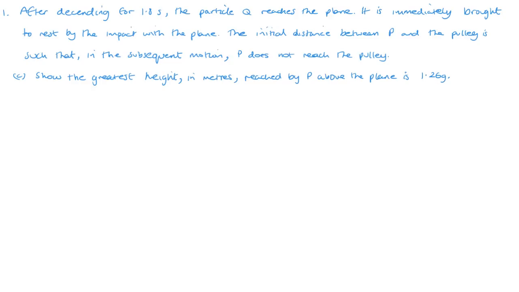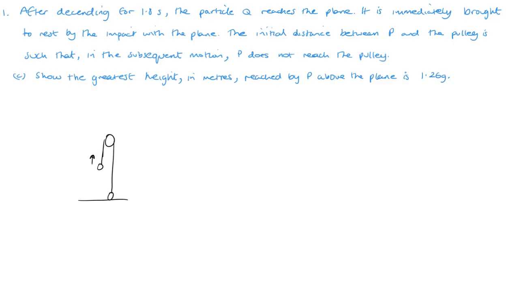So what is happening here is, this Q here has hit the bottom and stops. Now P then keeps on moving freely under gravity without hitting this pulley. So after 1.8 seconds, the force stops and then P continues to go.